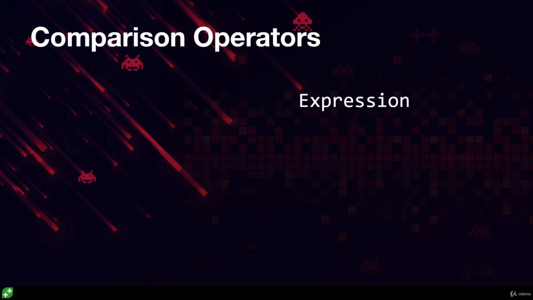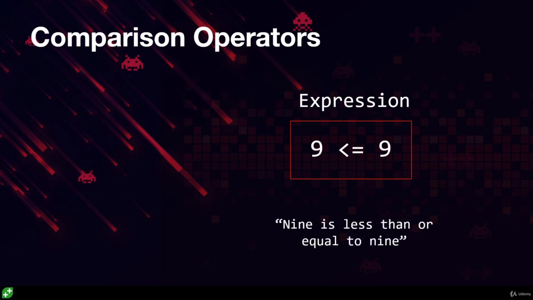Let's take a look at another one. This expression can be read as 9 is less than or equal to 9. What do you think this expression returns? Now, since 9 is indeed less than or equal to 9, it's equal, this expression returns true. Did you guess right?